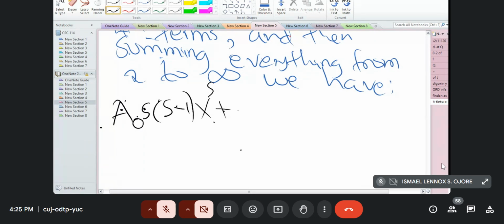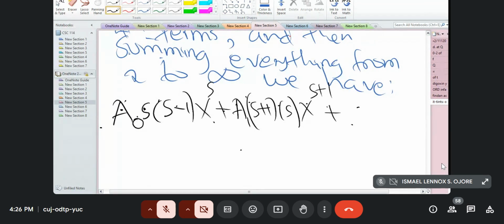Plus, we are summing. Is this the value corresponding to k equals 0? Yes. For k equals 1, A sub 1, (s plus 1) times s, and x power s plus 1. Plus, we are done with the first term.